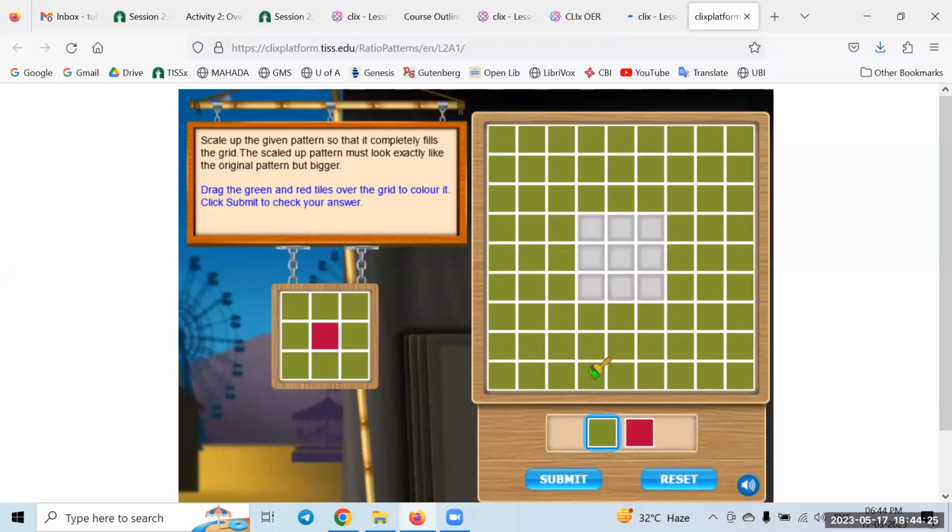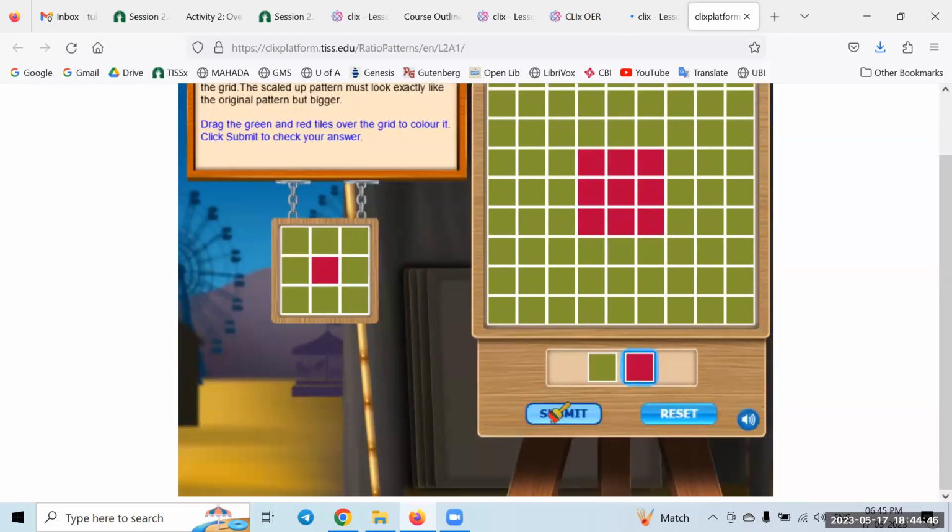Can you think whether this can be represented through addition or multiplication? This is a situation which is truly multiplicative. Okay, now you do submit.